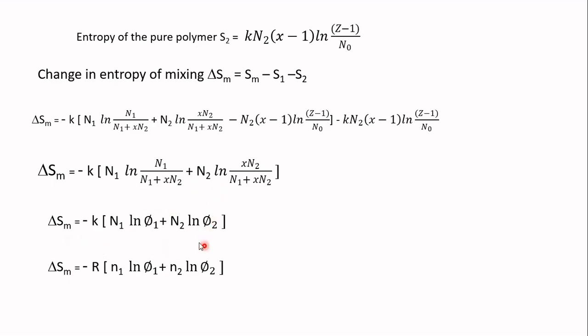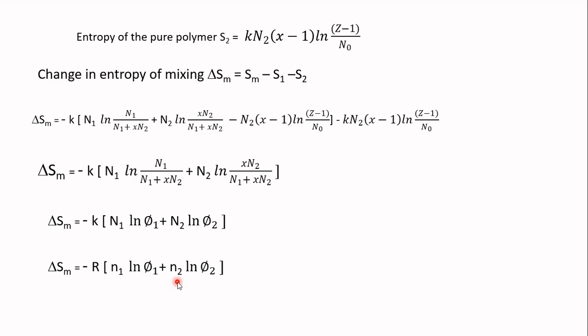In this equation, n1 is the number of solvent molecules and n2 is the number of polymer molecules. So we can change it into the number of moles of solvent and polymer, and in that case, this k will change to R.